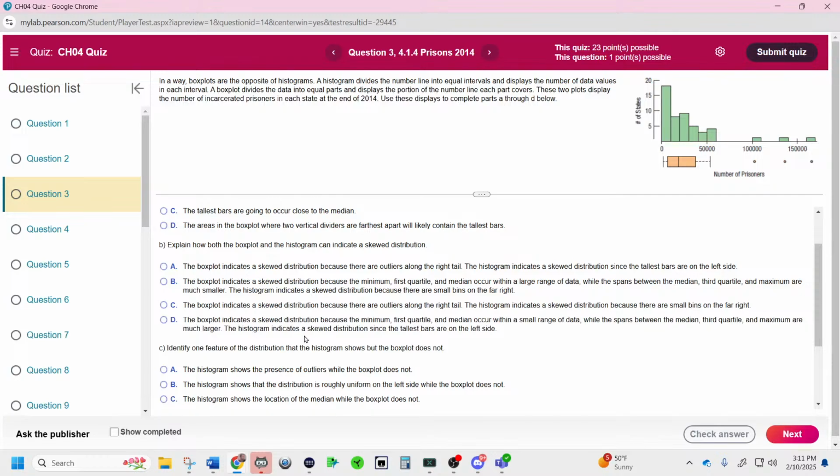The box plot indicates skew because there are outliers in the right. No, the histogram is going to have outliers in the right. The box plot indicates skew because the min, first quartile, and median occur within a small range of data.